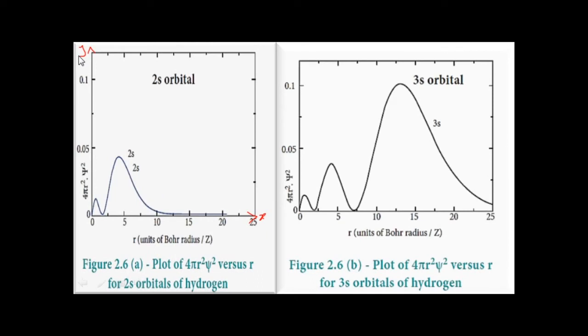For the 2s orbital, this is the diagram. As the distance from the nucleus, r, increases, the probability density first increases, then reaches a small maximum.